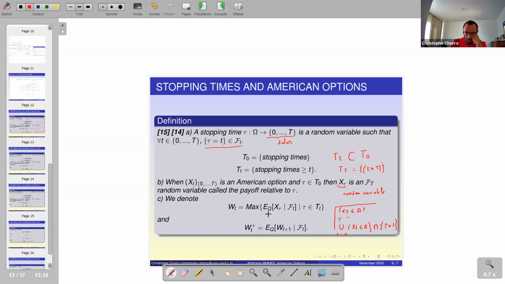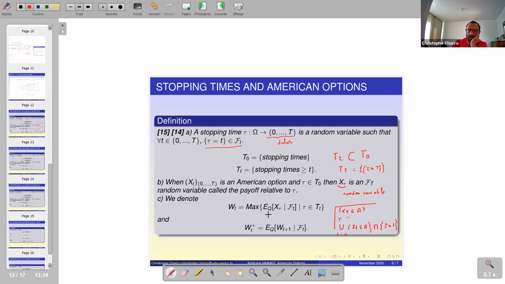So I denote by Wt the maximum of the expected relative payoff given Ft over all the stopping times that are greater than t. And I denote by Wt plus, the conditional expectation under Q of Wt plus 1 given Ft, because Wt plus 1 is Ft plus 1 measurable, and this one is the best approximation of Wt plus 1 in terms of Ft measurable random variable, okay?